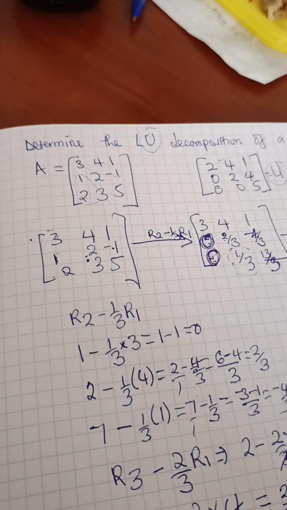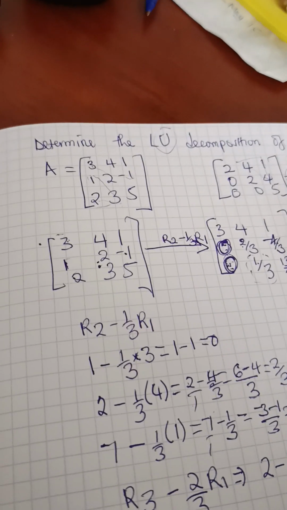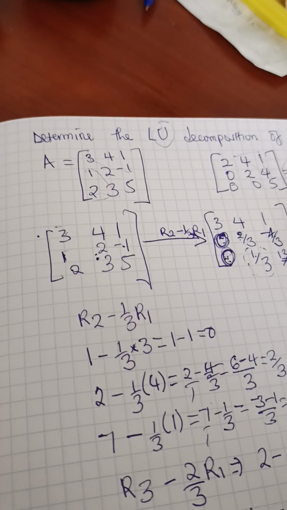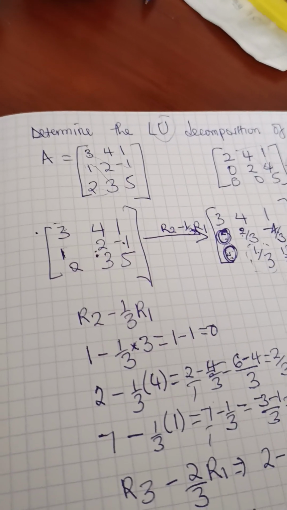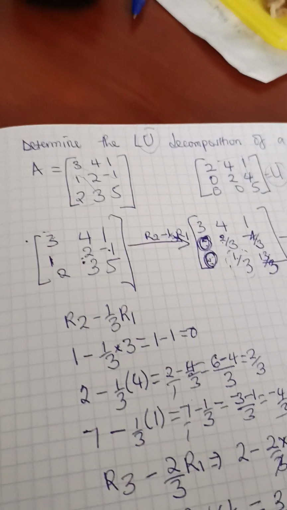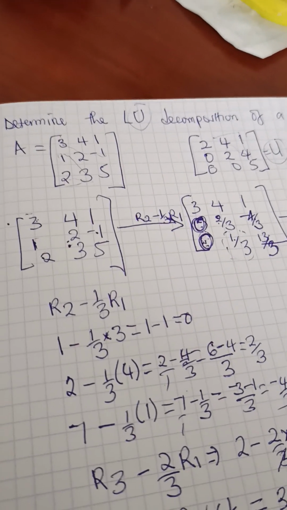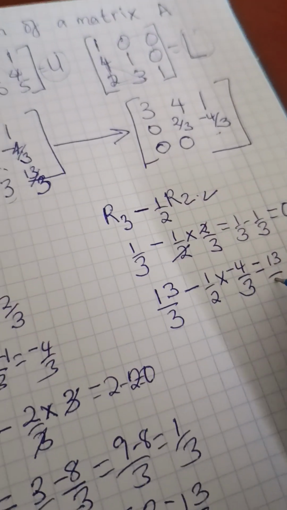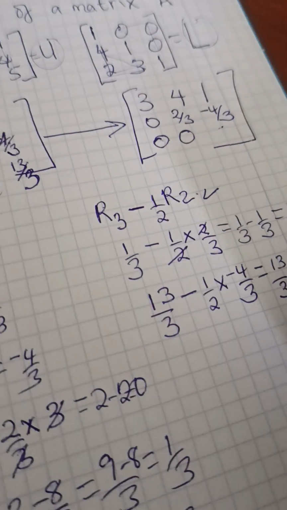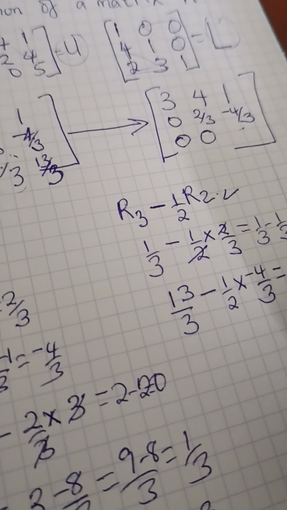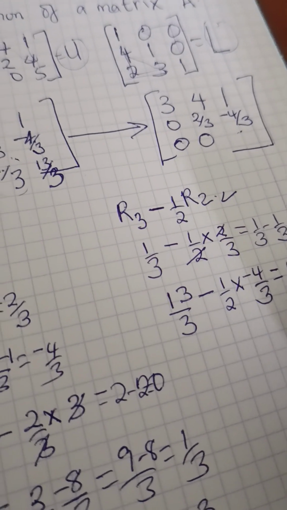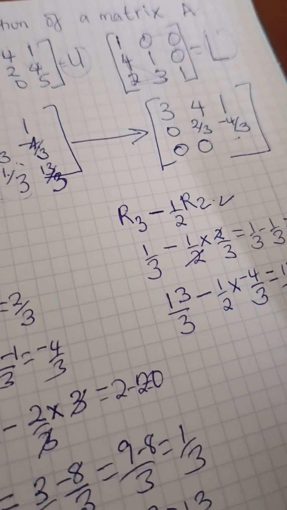Now our aim is to get this one here. So that is 13 over 3 minus a half times negative 4 over 3.